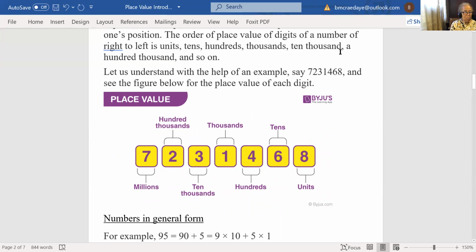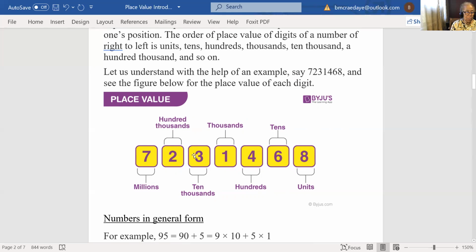So you have 8 ones, 6 tens, 4 hundreds, 1 thousand, 3 ten thousands, which gives you 30,000, 2 hundred thousands, which gives you 200,000, and 7 million.